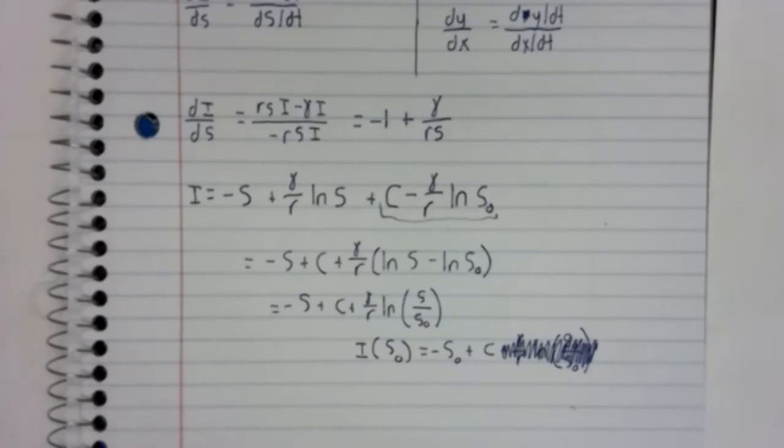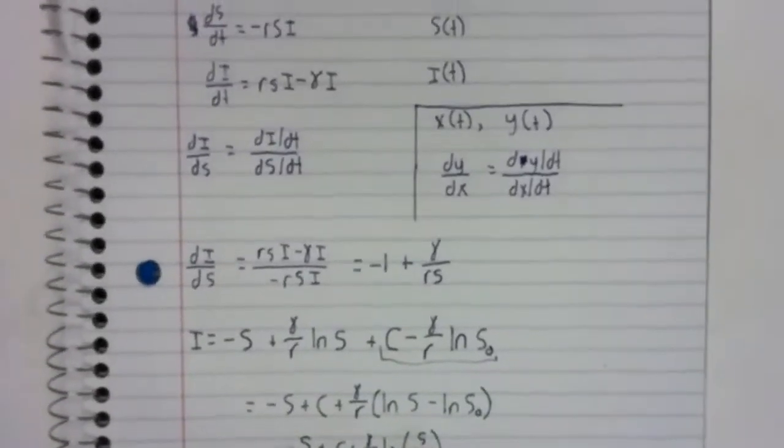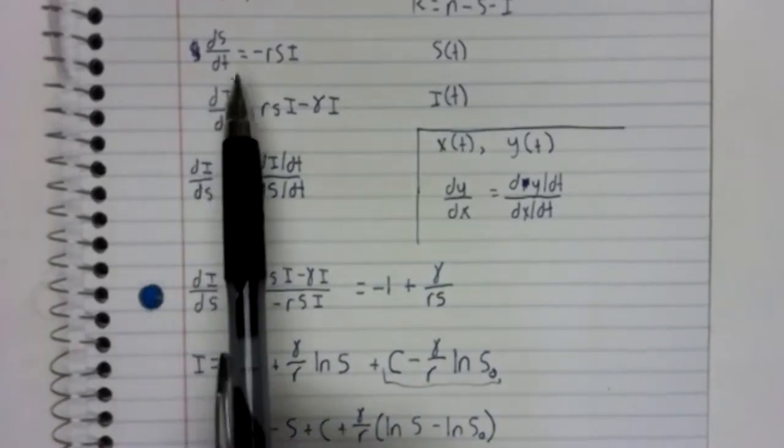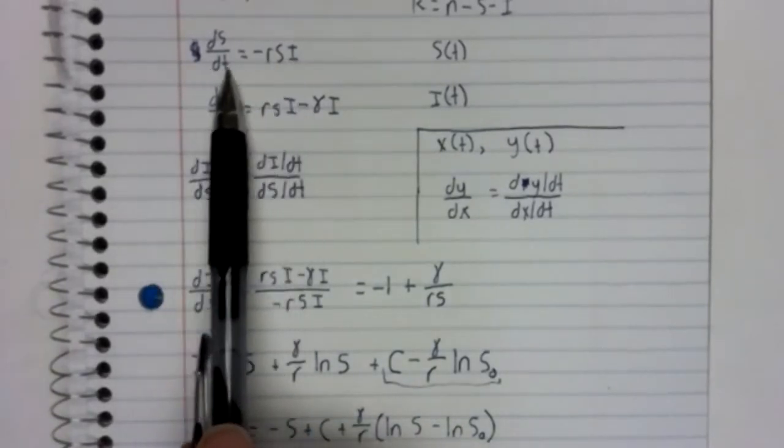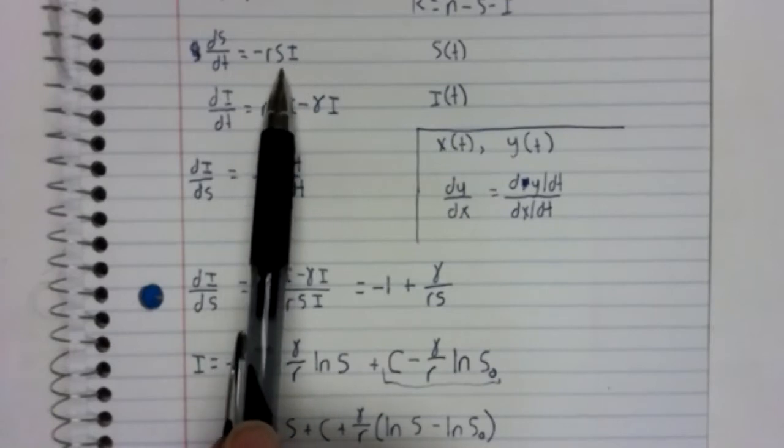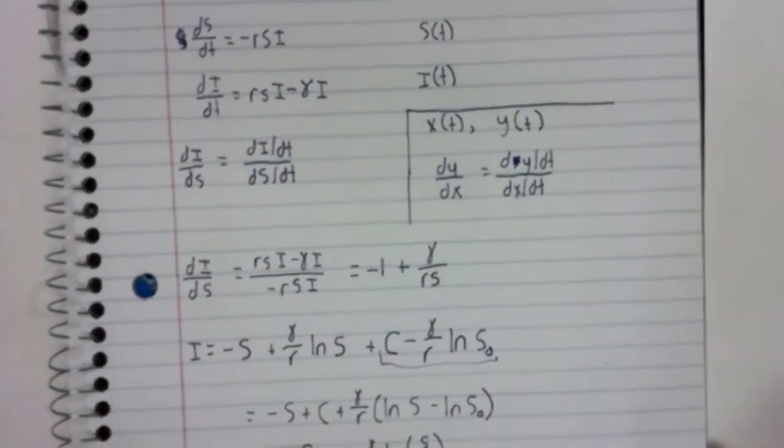Now, the thing to bear in mind is that in this model, the number of susceptible individuals is always monotonically decreasing. This derivative is always negative.